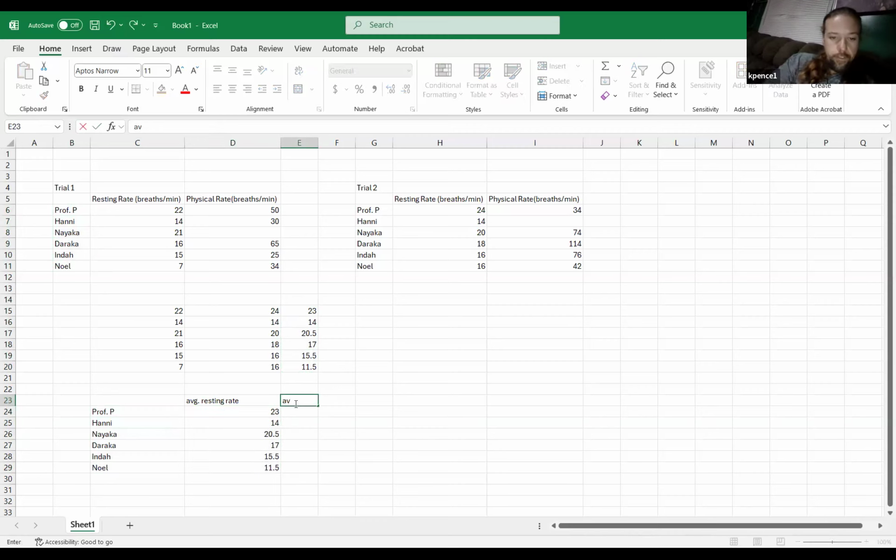And then we'll do our average physical rate.